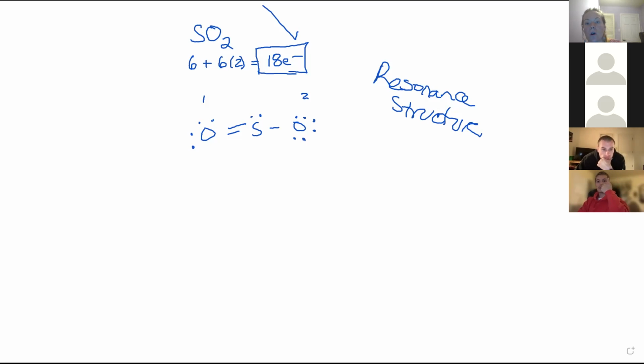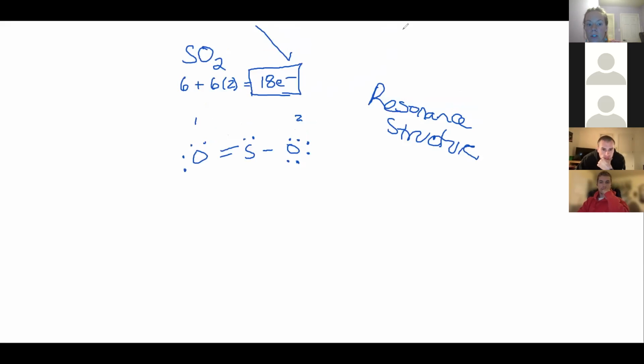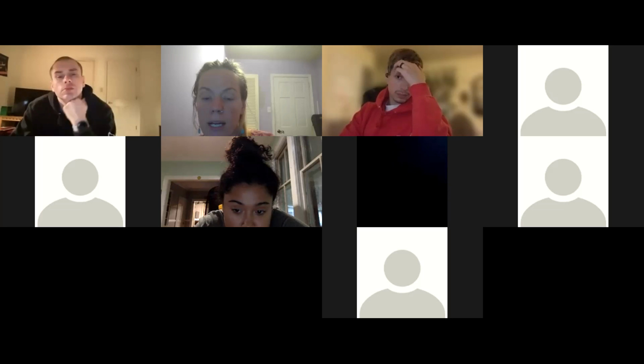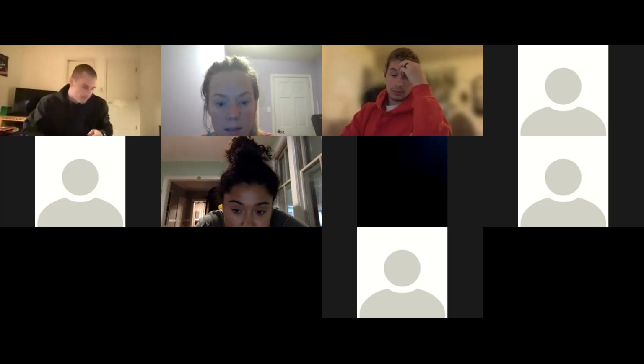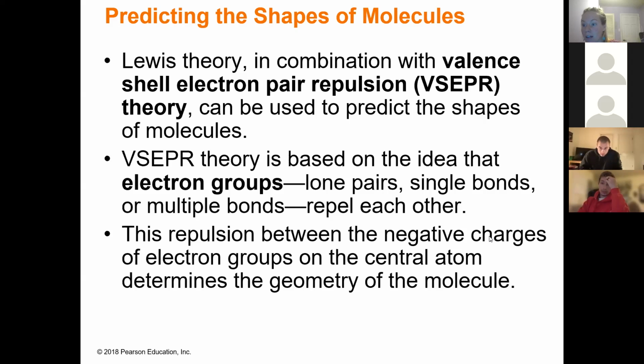Okay, so we are going to take this Lewis structure stuff and we're going to bring it into 3-dimensional space because molecules aren't flat. When we're doing the Lewis structures, they appear flat because we're putting them on a piece of paper, but they actually move forward and back in space.